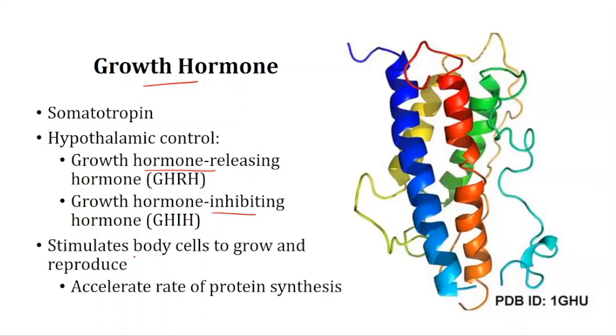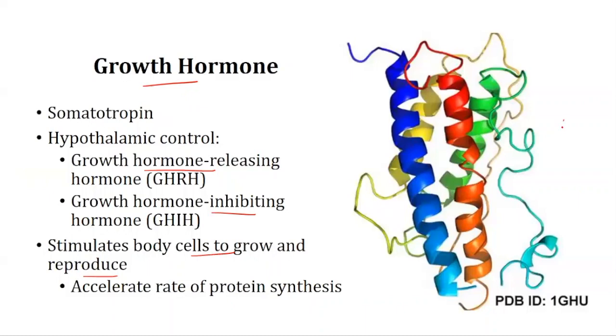Growth hormone is going to stimulate body cells to grow and reproduce. And it also accelerates the rate of certain protein synthesis so that the body can use them as enzymes or any other functions, and so that growth can be promoted.